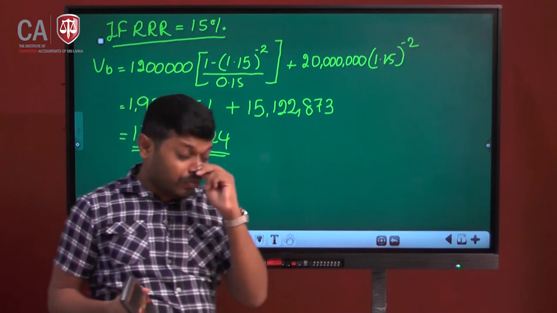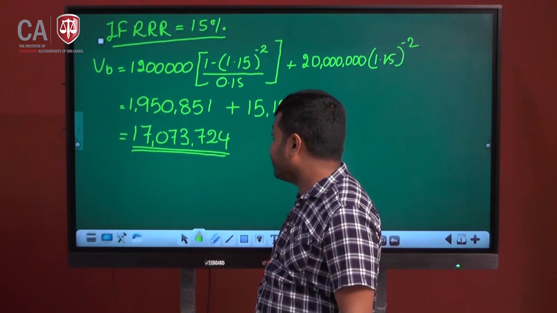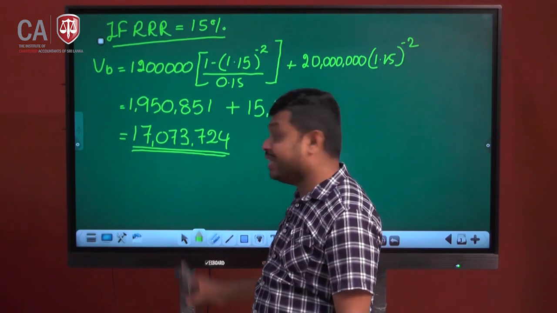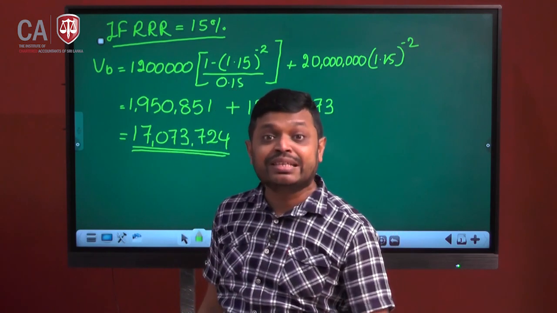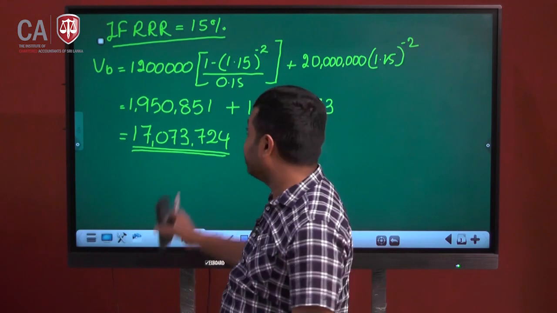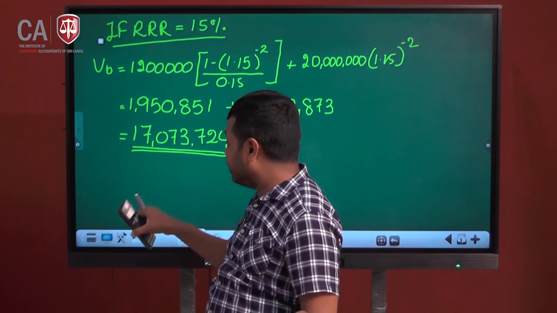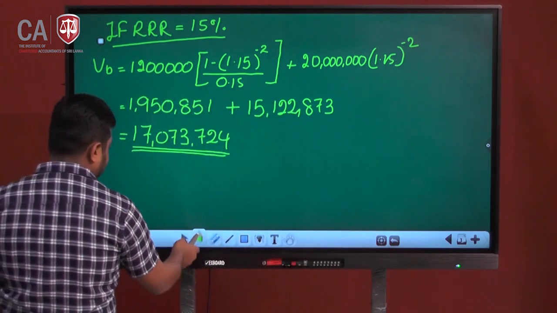If your required rate of return is 15%, the present value of receipts is only 17,073,000. But if you sell it now, you can collect 17.5 million. That means you are losing. If your required rate of return is 15%, you can collect less than 17.5. Then we will calculate NPV.